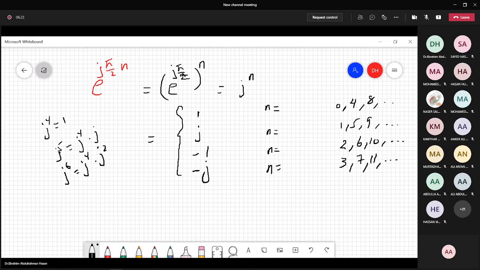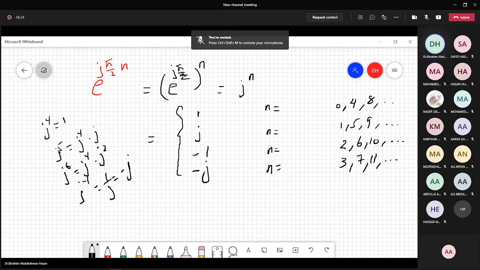Okay. What about j to the power of minus 1? J to the power of minus 1 is equal to 1 over j, which is equal to minus j. And minus j, it means that it is here. See the difference between each two. It is equal to 4, so then it is 0, 4, 8.